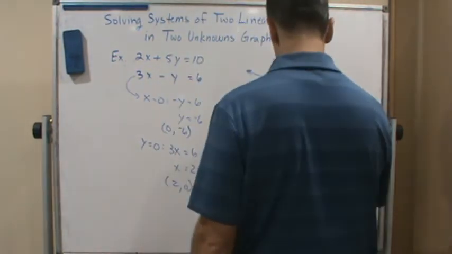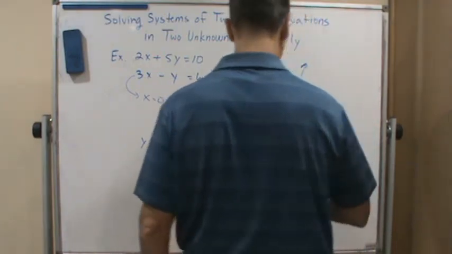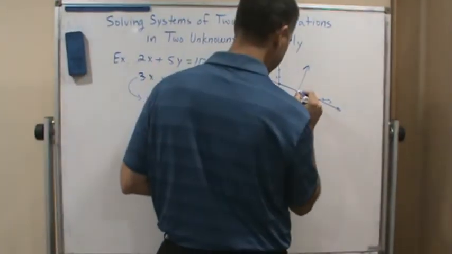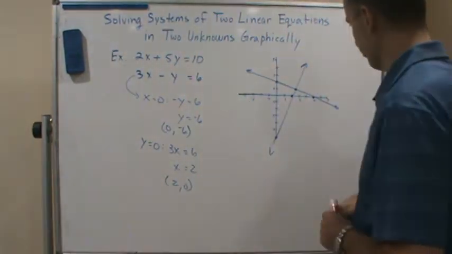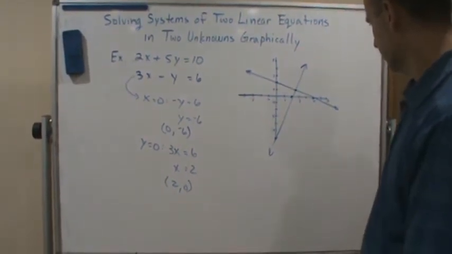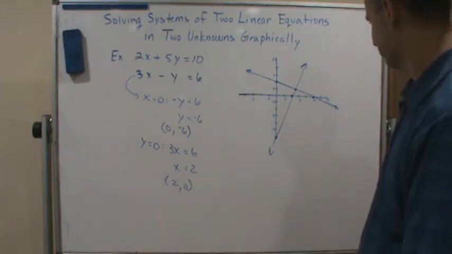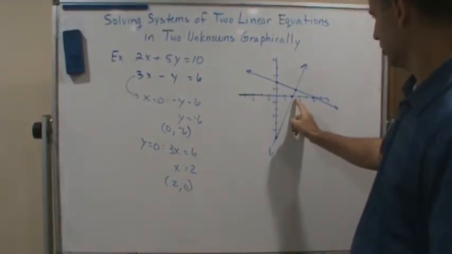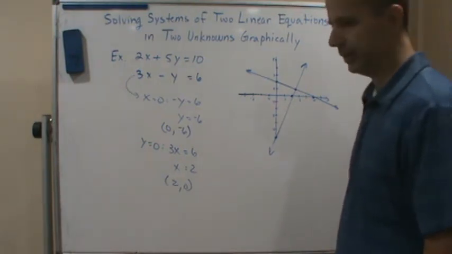And so if we plot this one like so, we see that the intersection point is about there, and what would that be? It's a little past 2 maybe, 2.5, 1, or maybe a little higher than 1.